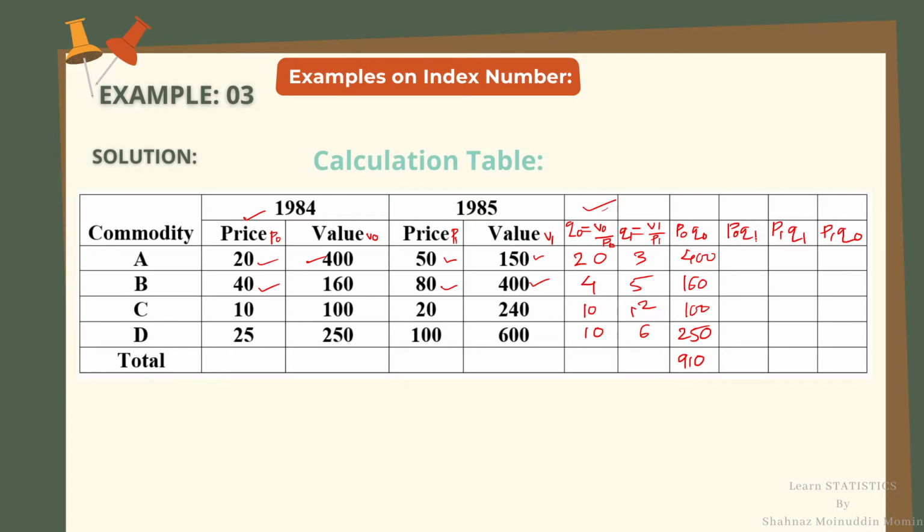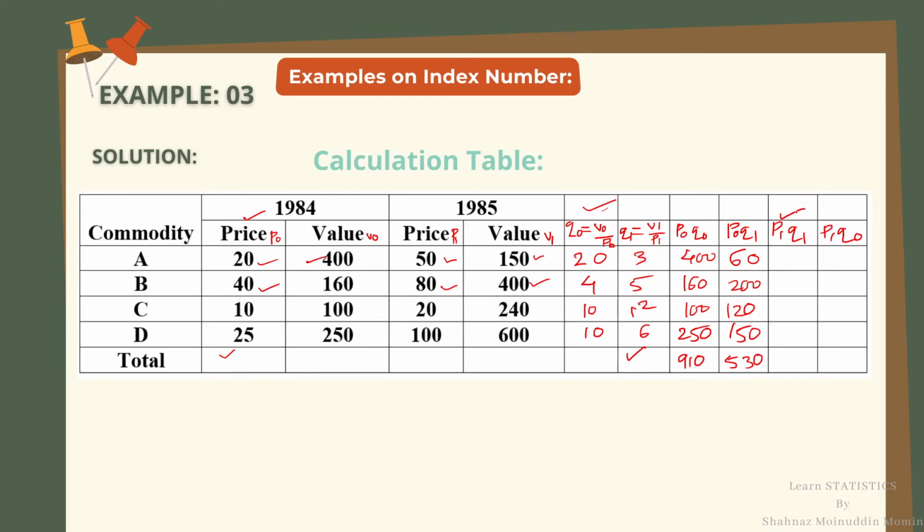Similarly obtain P0 Q1, price in base year into quantity in the current year, means 20 into 3. First value is 60. Next is 40 into 5, 200, like that. 120, 150 and the total is 530.